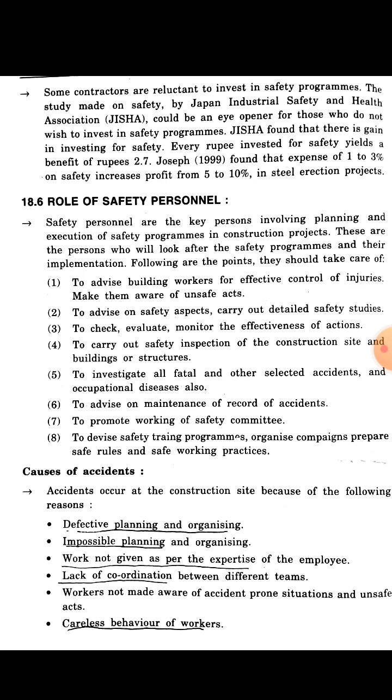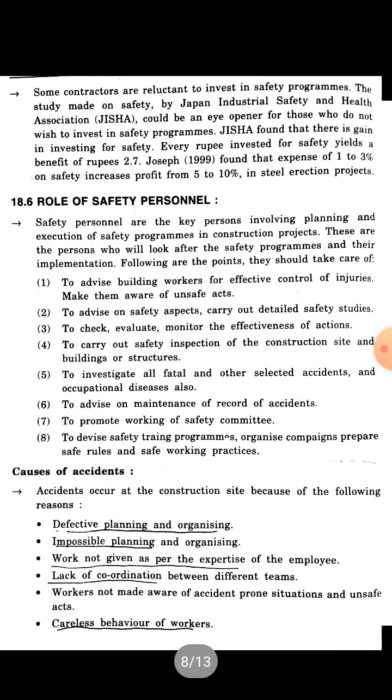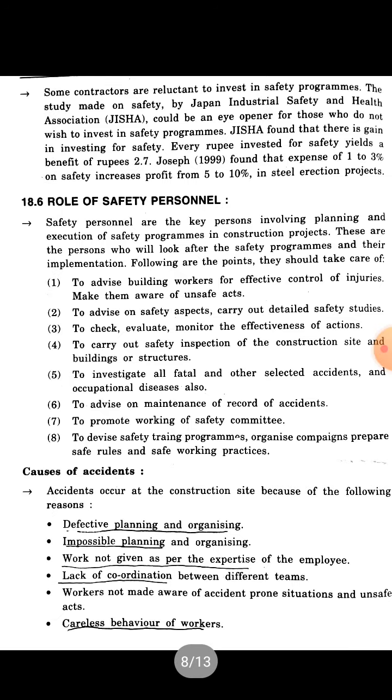And the next point is the causes of the accident. This one is also one of the important points. Here the reasons for accidents on a site are given below.